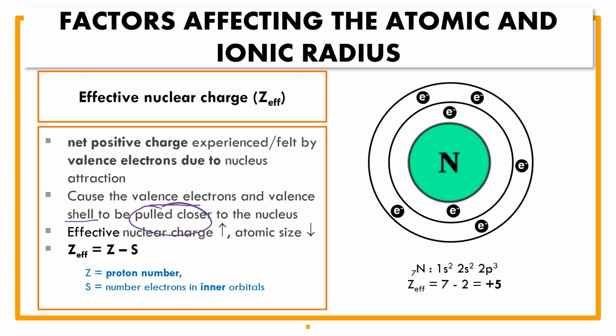So let's have this nitrogen atom as the example. From the electronic configuration of nitrogen, we have 1s2, 2s2 and 2p3. From what you have learned in the previous lesson, you can identify the valence shell from this electronic configuration. So here we have 2s2, 2p3 as the valence shell and 1s2 as the core or inner shell.